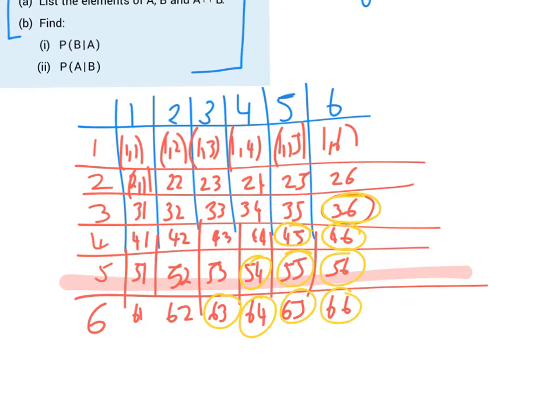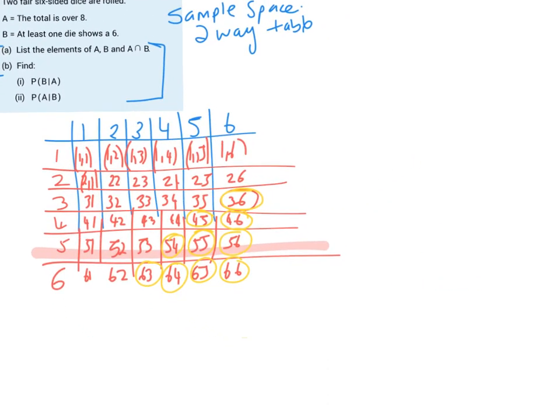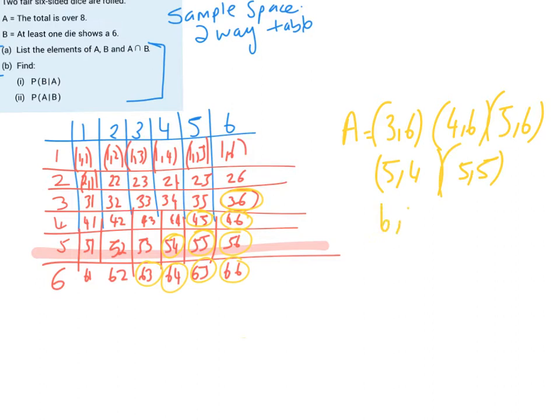Okay, so for A to happen, you can get a 3 and a 6, 4 and 6, 5 and 6, 5 and 4, I mistook that one, 5 and 5, 6 and 3, 6 and 4, 6 and 5, and 6 and 6.